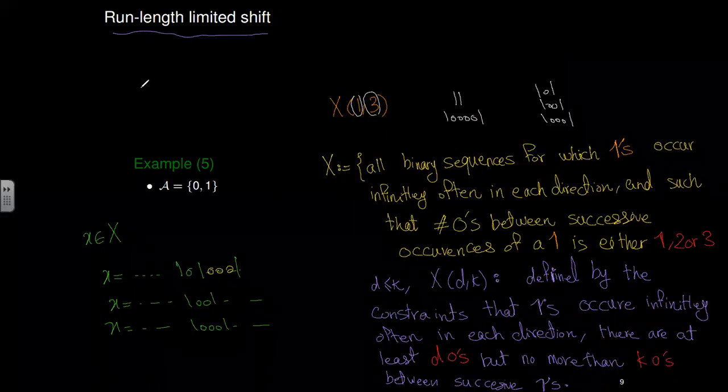How can golden mean shift be denoted by this notation? Maybe in the near future we will generalize this notation. Okay, so let's go to another example.